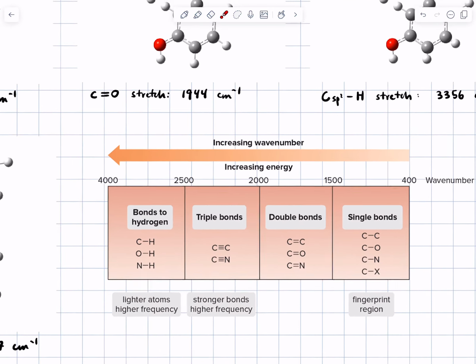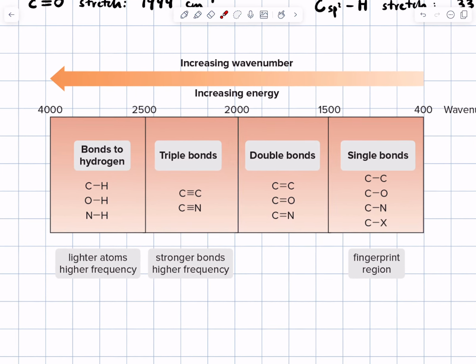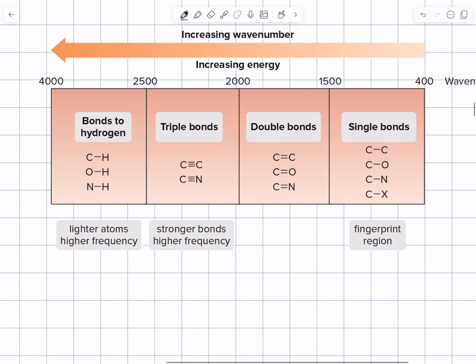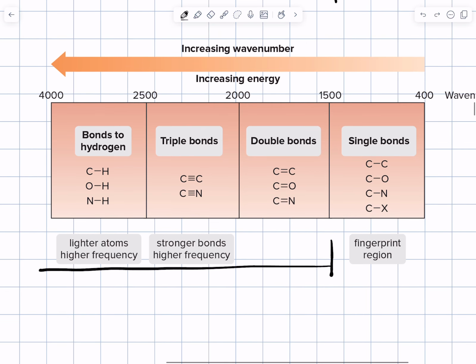So here is what an IR spectrum is going to look like. We generally are going to limit ourselves to worrying about the portions of the spectrum that absorb from about 1500 and beyond. This is what we call the functional group region of the spectrum, where there are characteristic peaks that are easy to interpret.